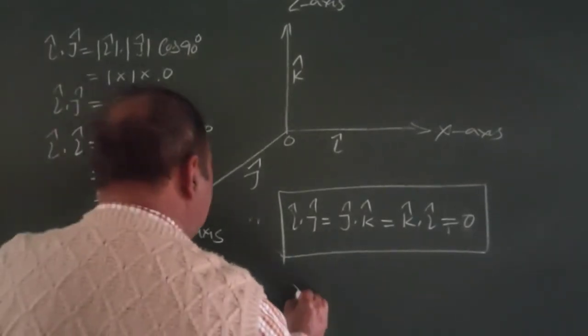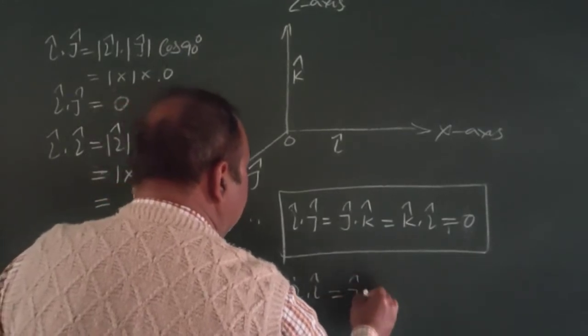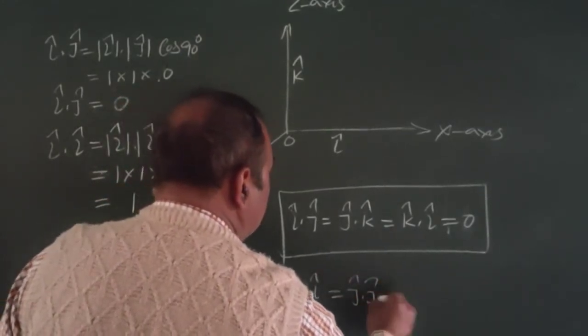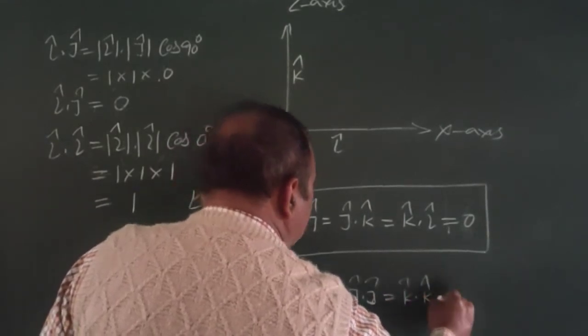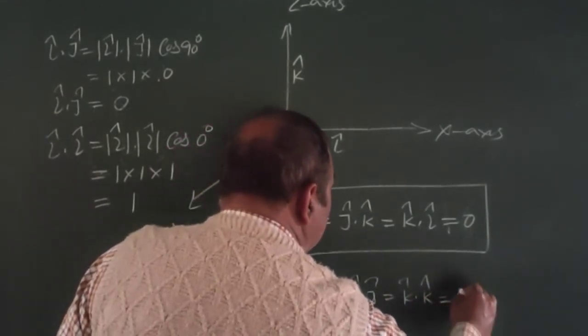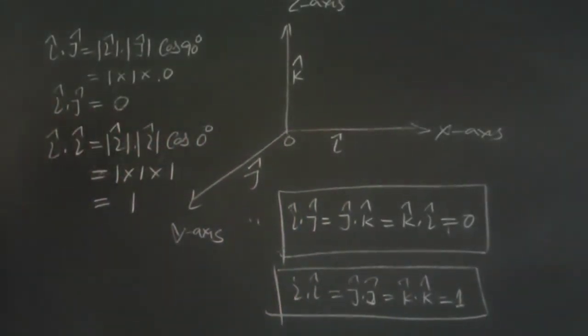So we can say that i dot i is equal to j dot j is equal to k cap dot k cap. All these values will be equal to 1, and this is the second application of the dot product of two vectors.